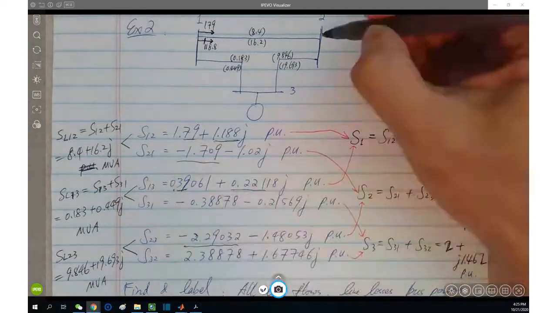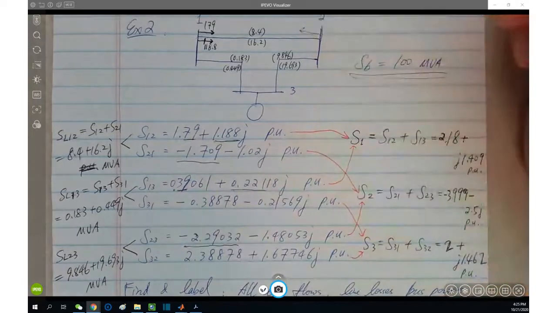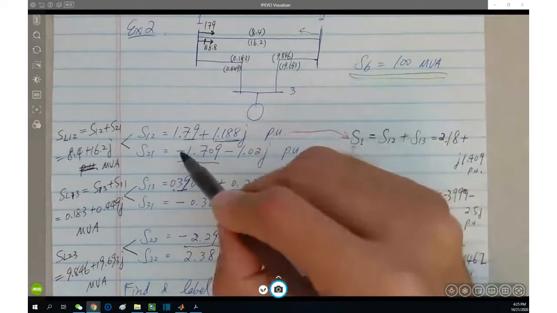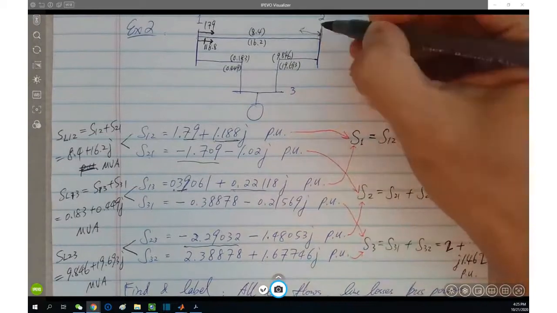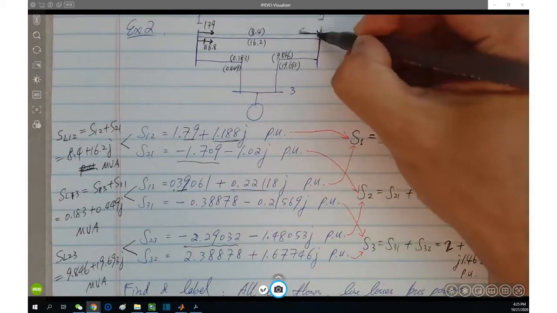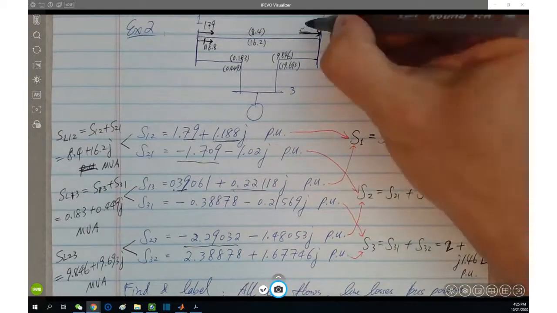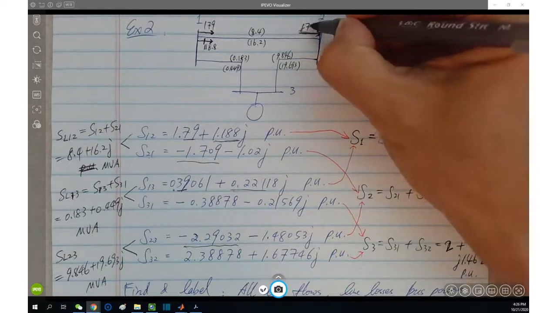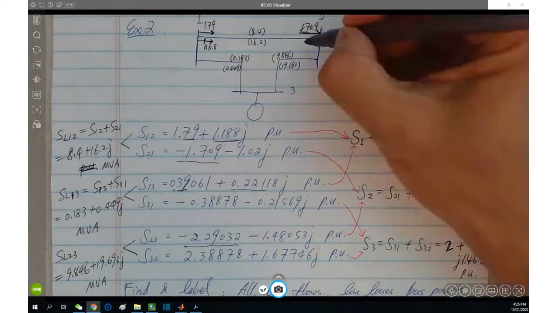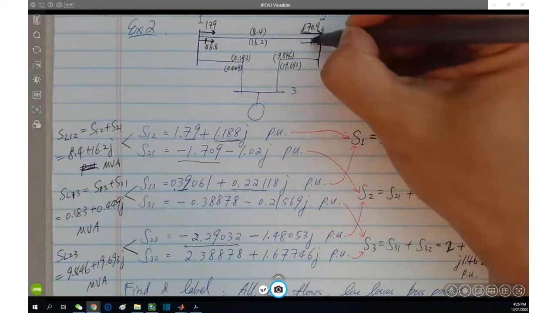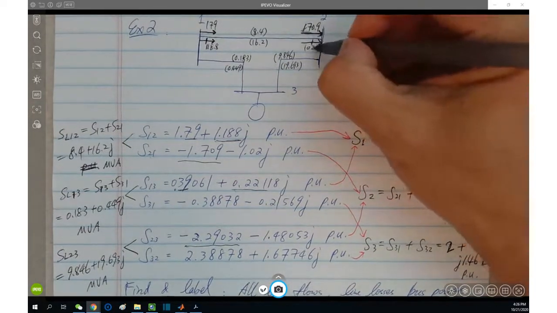It's supposed to be a left arrow. However, the values are negative, both the active and reactive power. So we flip the direction, and therefore we are labeling with a positive value, right? 179.9 as the active power and 102 as the reactive power.